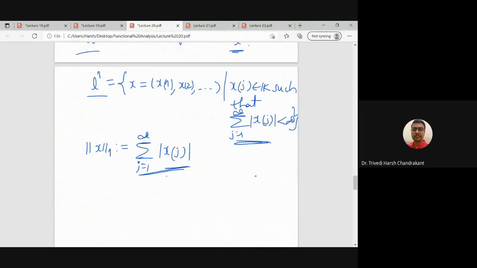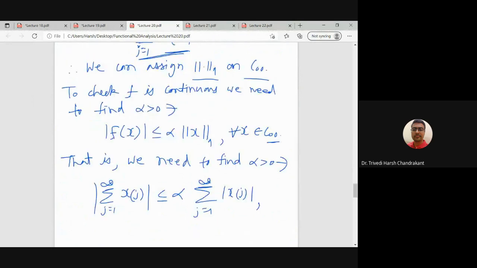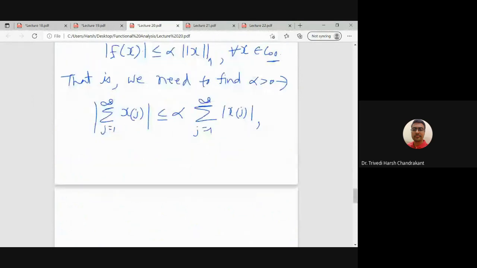So in this case, when it is continuous, we have verified that alpha turns out to be 1 in that case.